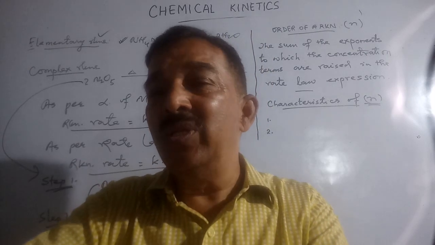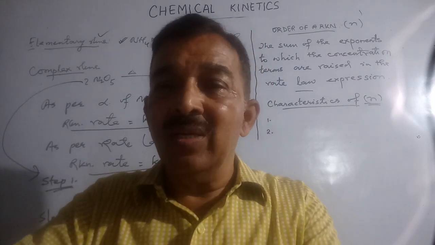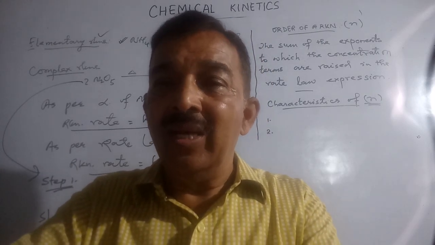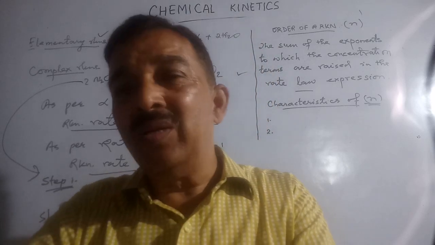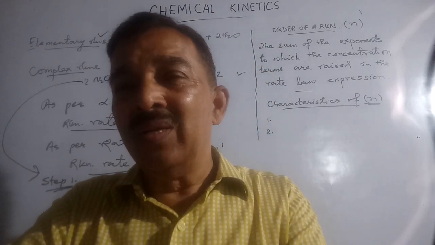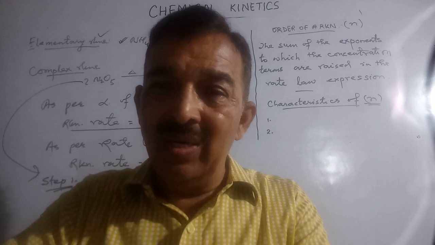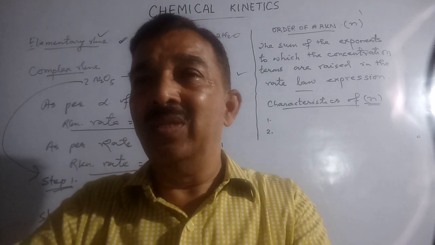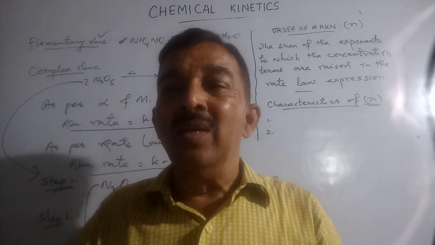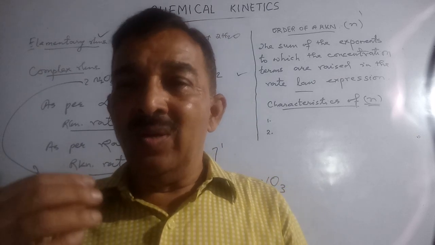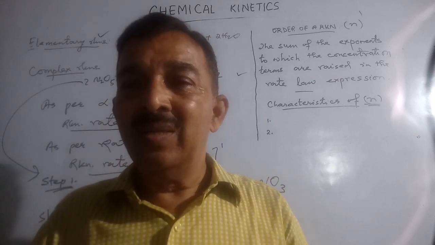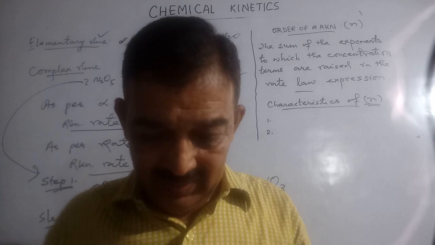And number 2, the order of a reaction is always calculated experimentally and not taken from balanced chemical equations. Now let's go for examples of chemical reactions having different orders.